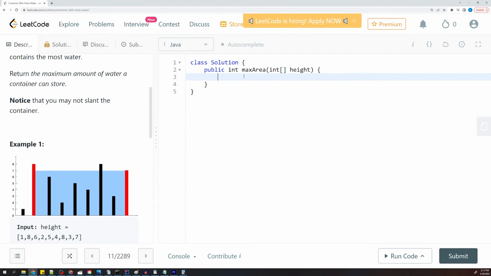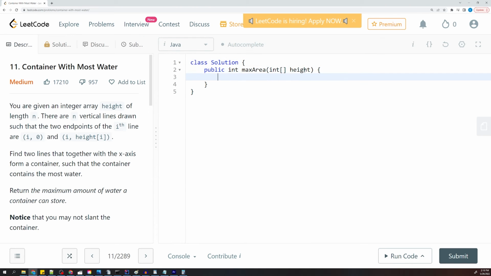Let's go ahead and look at the code. We have our array of heights right here, and we're going to need some variables, all integers. So int answer is equal to 0, left is equal to 0, right is equal to height dot length minus 1, and then result is equal to 0.